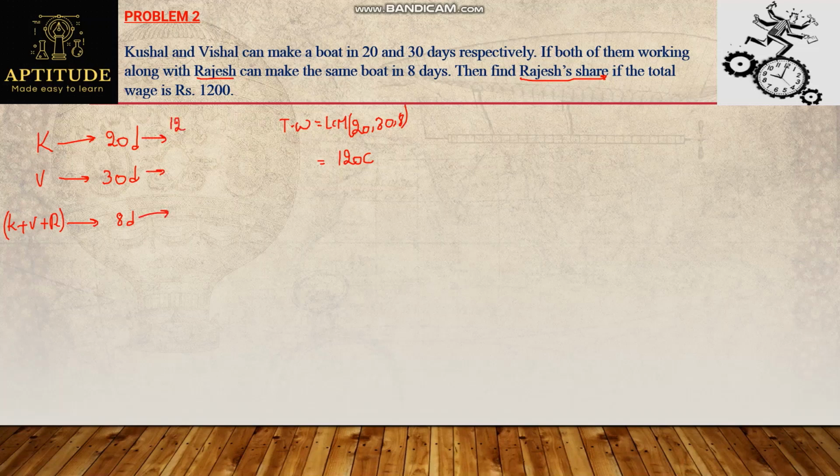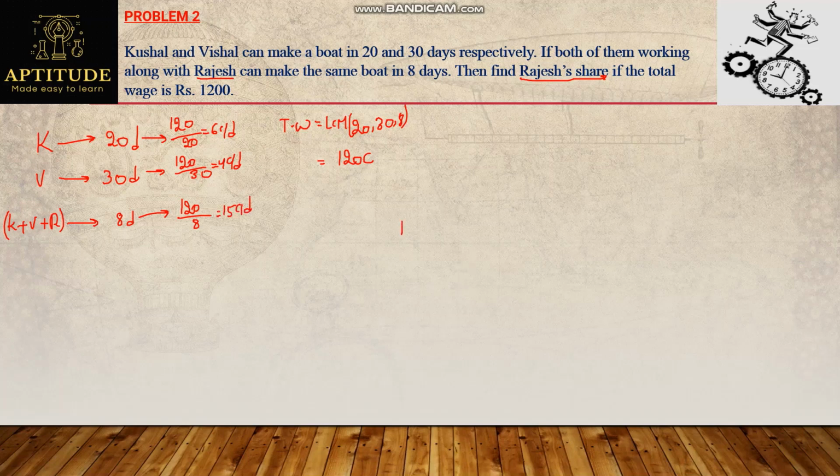Kushal can eat 120 chocolates in 20 days, means his efficiency will be 6 chocolates per day, while Vishal's efficiency will be 4 chocolates per day. And together they can finish in 8 days, which means the combined efficiency of all these persons will be 15 chocolates per day.